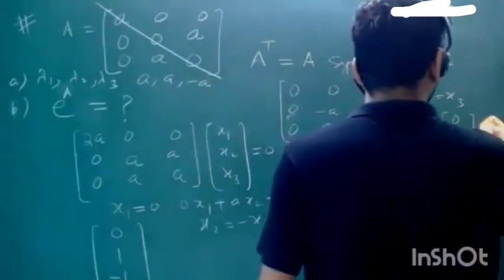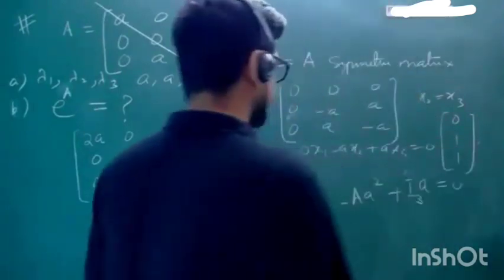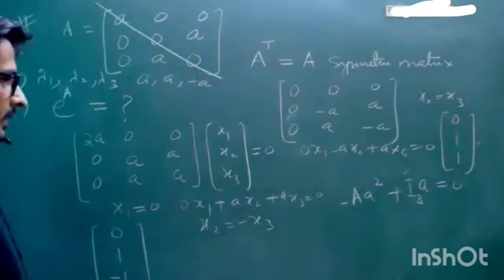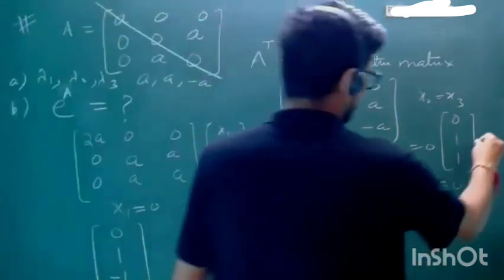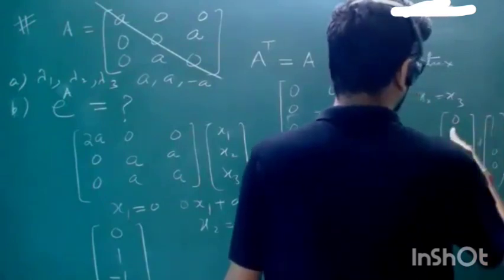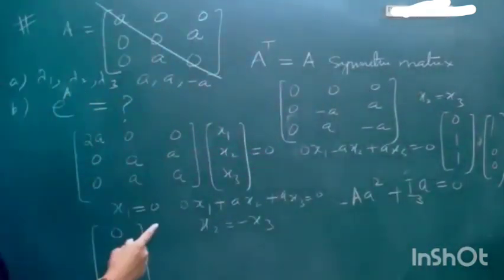Let me take 1 0 0. It should be orthogonal also. 1 0 0 can be 1 0 0. So the dot product with this is 0, with this 0, and with this 0.